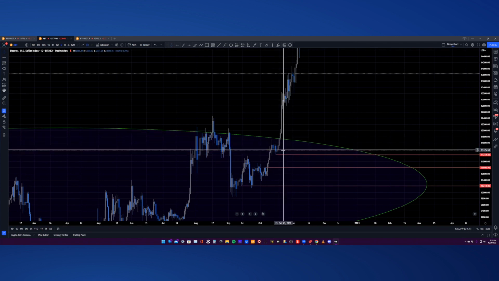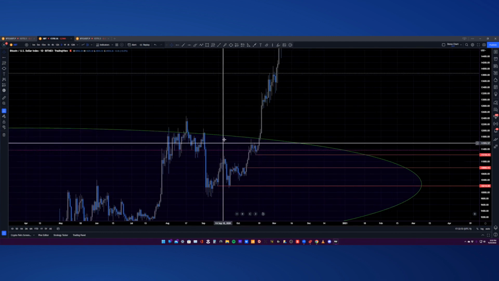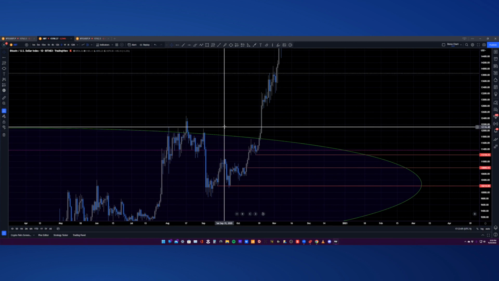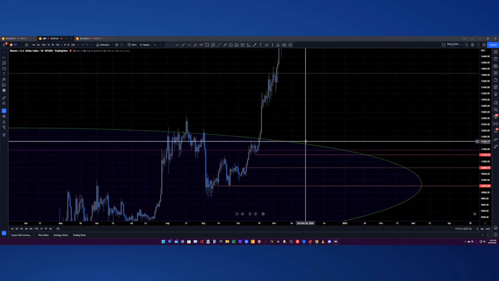And the thing about big money is they're not worried about trading the 15-minute or the 1 hour or the 4 hour chart. They don't care about that. They want to make a trade last for a couple months or even a year or two, and rake in a pile of money because they have a lot of capital, right? So you have to take that into consideration as well.